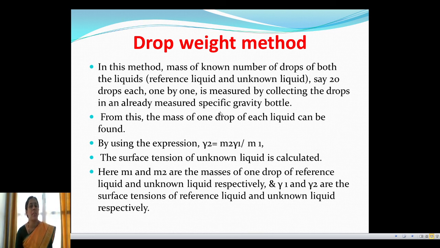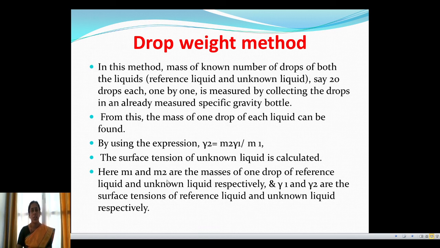From this, the mass of one drop of each liquid can be found by using the equation gamma 2 is equal to m2 into gamma 1 divided by m1. Thus, the surface tension of the unknown liquid is calculated.